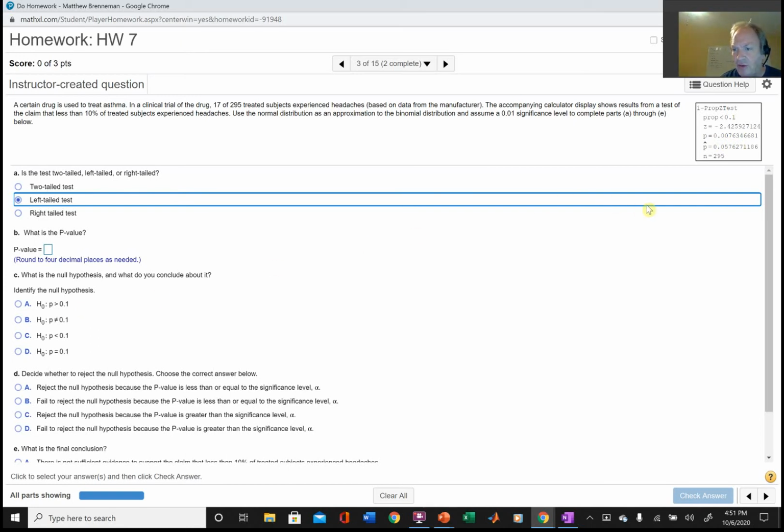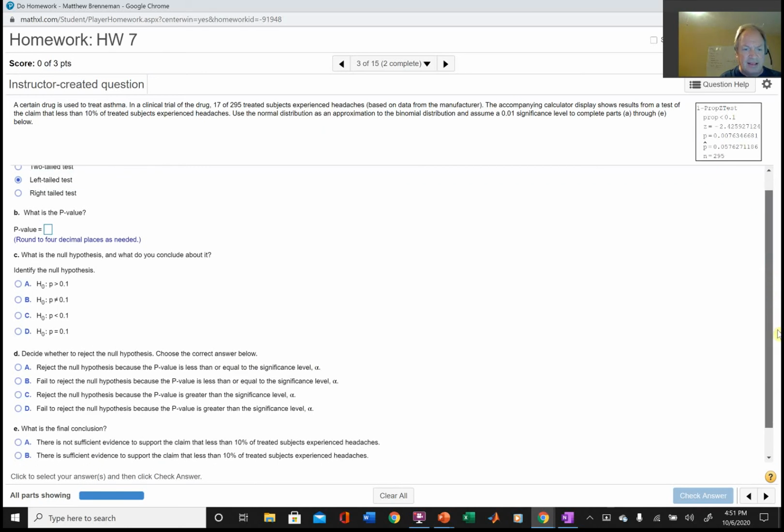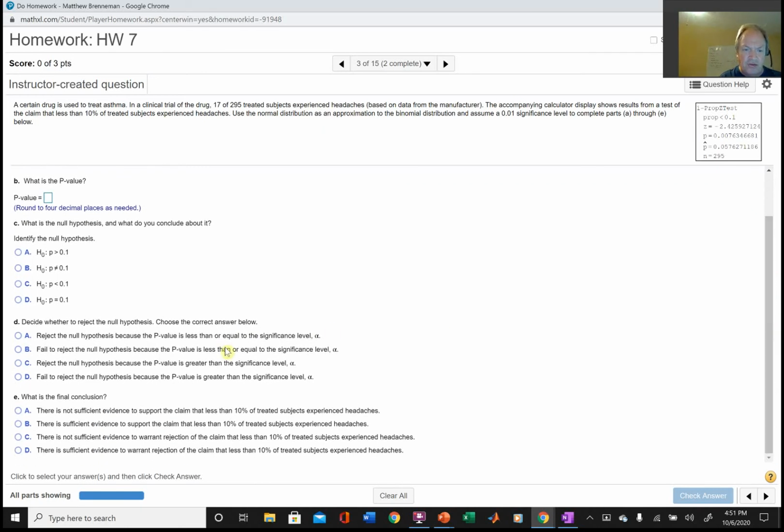Again, the p-value is relative to alpha, so the p-value is less than alpha, so we would reject the null. Again, the null always has the equal sign. Okay, so the null is always at 0.1. We're going to reject the null because the p-value is less than alpha. So your final conclusion is that there is sufficient evidence to support the claim that less than 10% of the treated subjects experienced headaches.